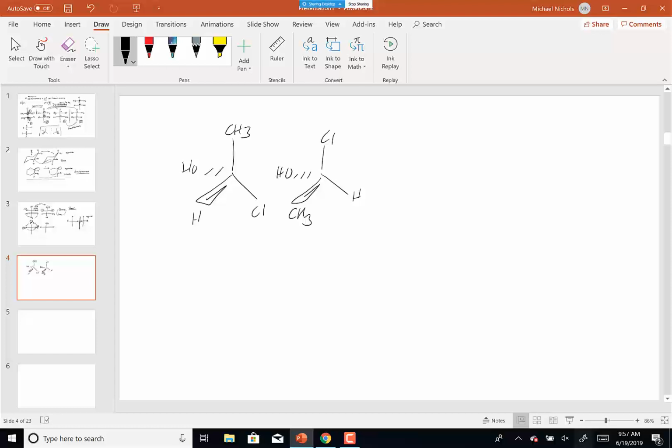Normally it's A, B, C, and D, where it's same, or they're enantiomers, diastereomers, same or meso. So those are your four choices.